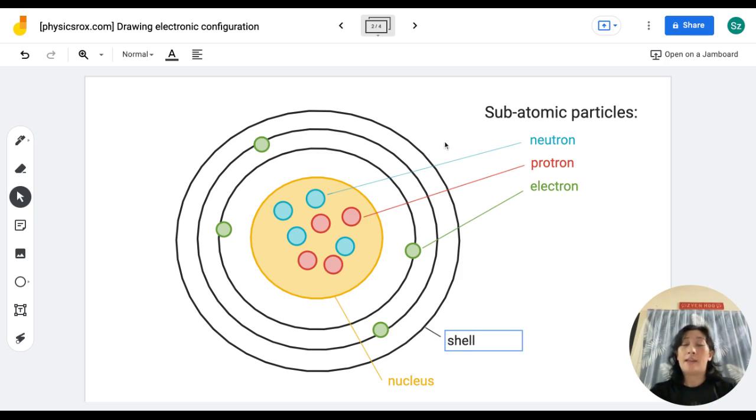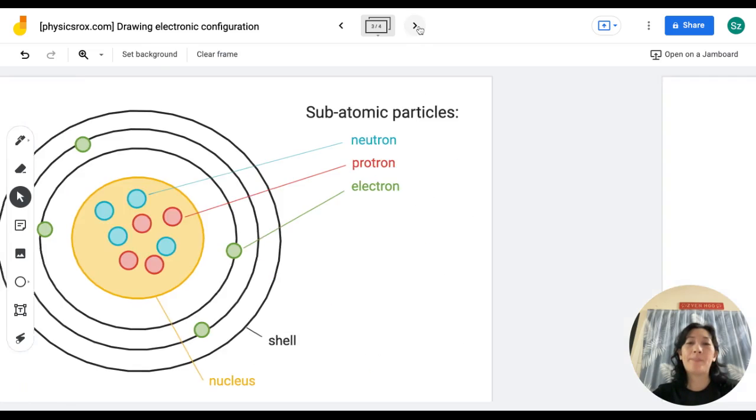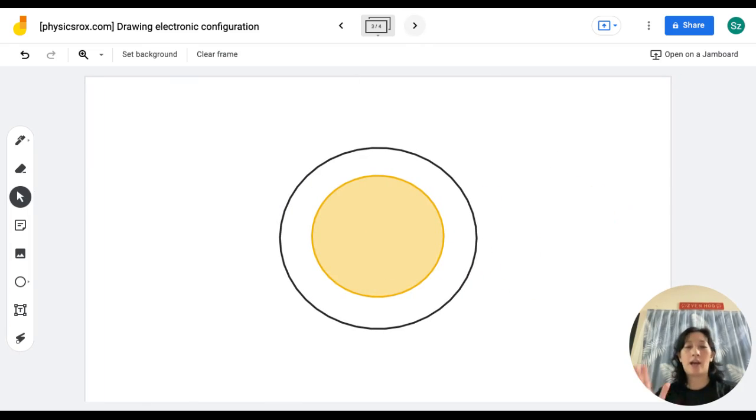So this is just a review of the subatomic particles that exist in an atom. Now let's go into drawing the electronic configuration. On this slide, I've drawn only the nucleus and the first shell.